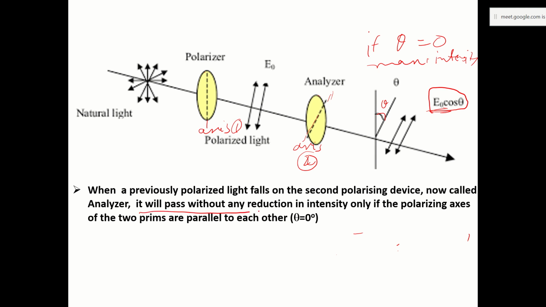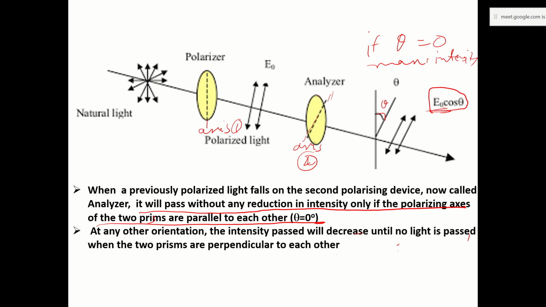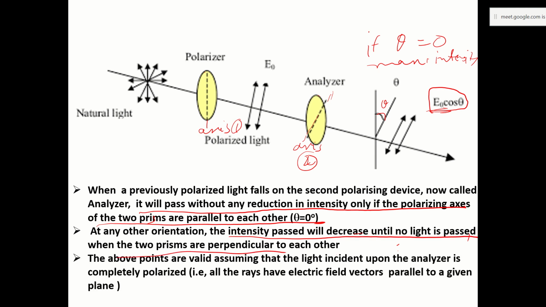So it will pass through without reduction only if polarized axes of two prisms are parallel to each other. दो prism जिनका axis एक जैसे align हो रहा था, उस केस में maximum intensity is observed. At any other orientation, the intensity passed will decrease until no light is passed when they are perpendicular. So perpendicular केस में 0, पैरेलल में मैक्सिमम इंटेंसिटी.